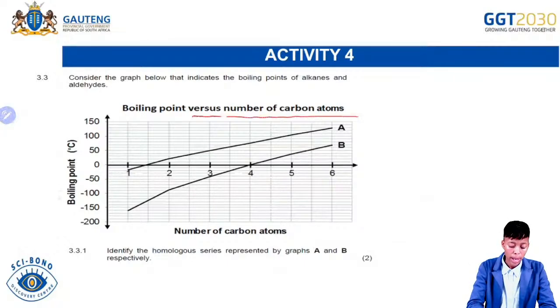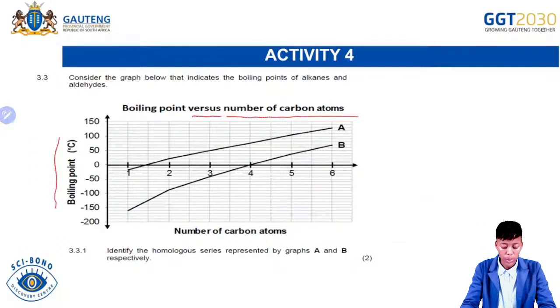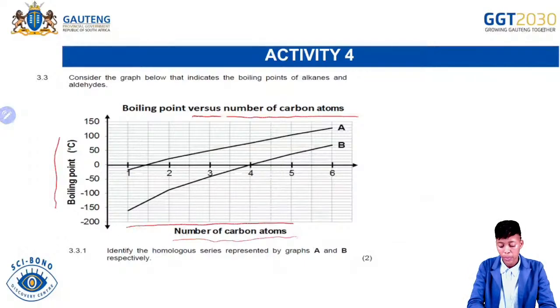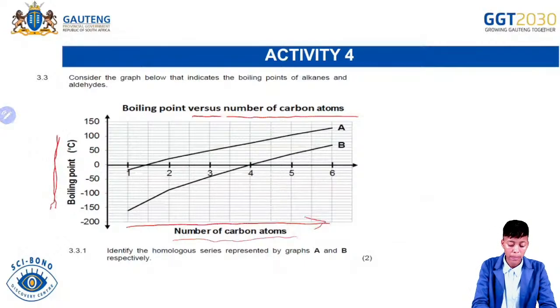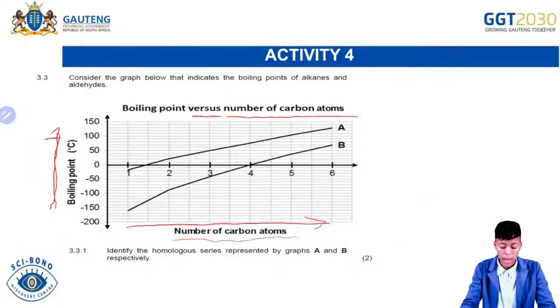On the y-axis we are given the boiling point, and on the x-axis we are given the number of carbon atoms. So the number of carbon atoms is increasing as we go to the right, and as we go up, the boiling point is increasing.